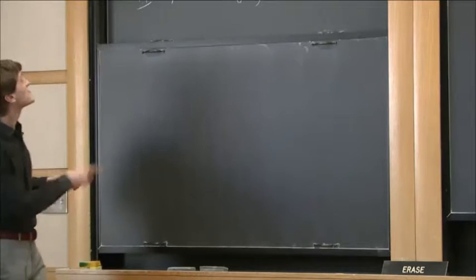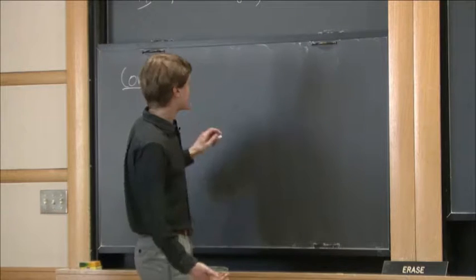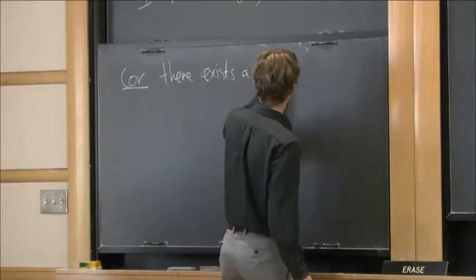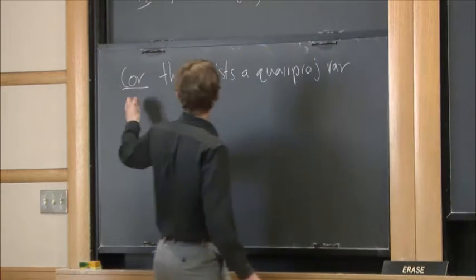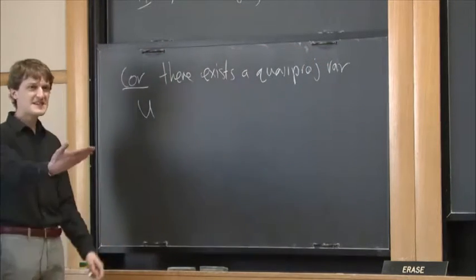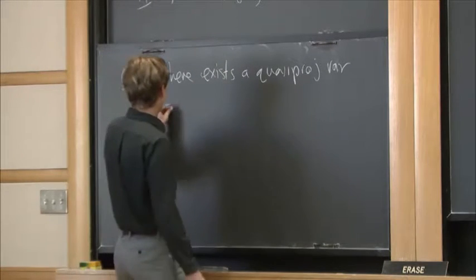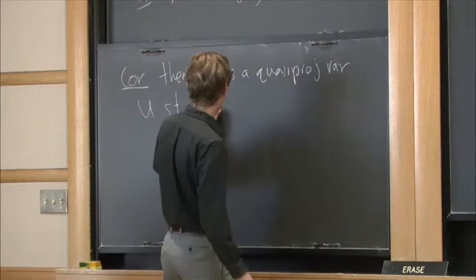Actually, let me just point out sort of a funny corollary of this example. There actually exists a quasi-projective variety, I'll call it U, for which the set of complete curves in it, so compact curves, is countably infinite.